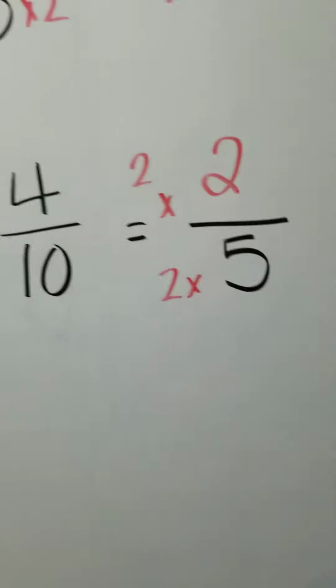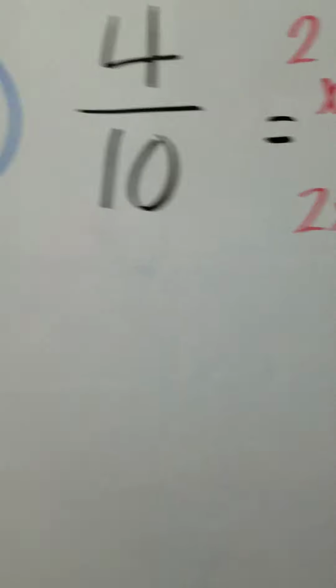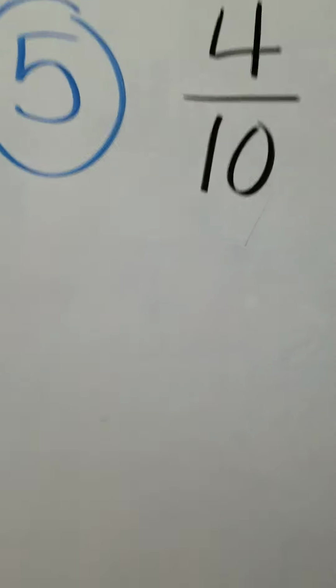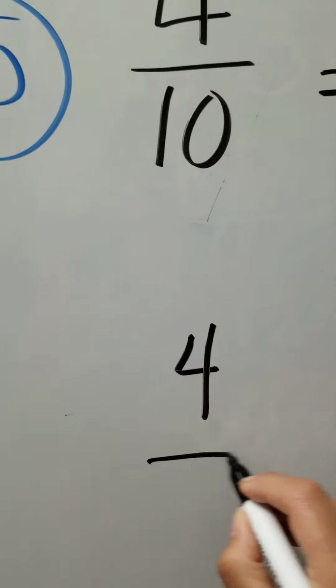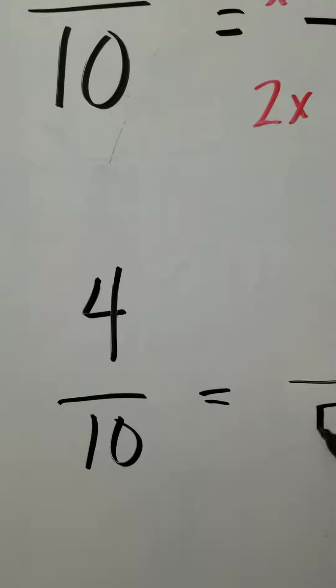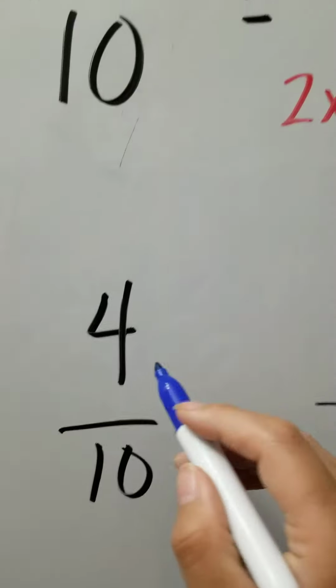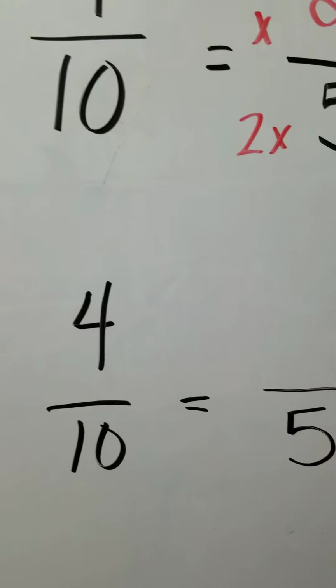Now if I were to do it the division way, I'm just going to rewrite it down here. I would have 4/10 again is equivalent to blank over 5. Okay, now I can divide. Since I don't have my numerator, I cannot do anything with the numerator yet.